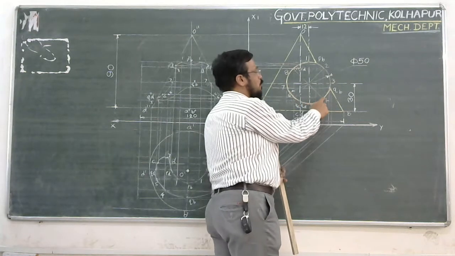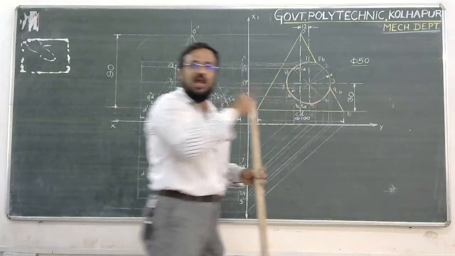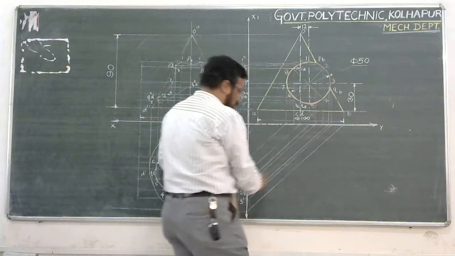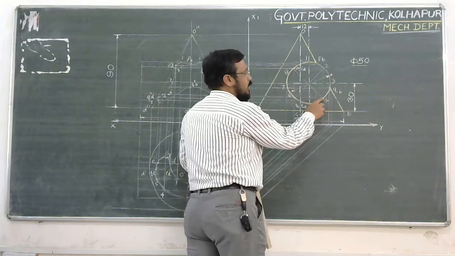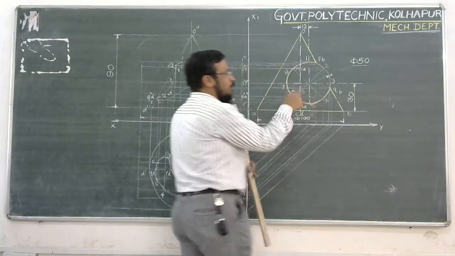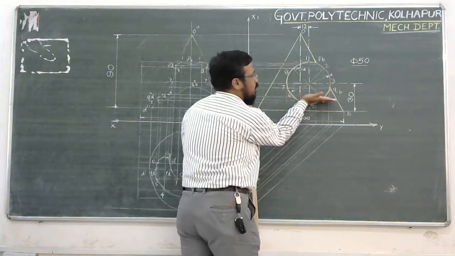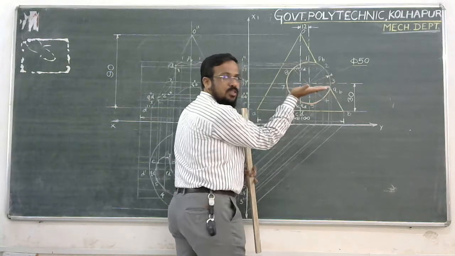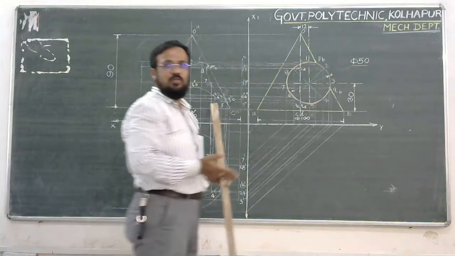Point number 4 is a common point of interference between the cone and the cylinder. Now, when I am projecting this point number 4 into the top view, I need to consider this reference point number 4 because we are following the cutting plane method. That means we are imagining that from this point number 4, our cutting plane is cutting like this, making a line parallel to the base of the cone.